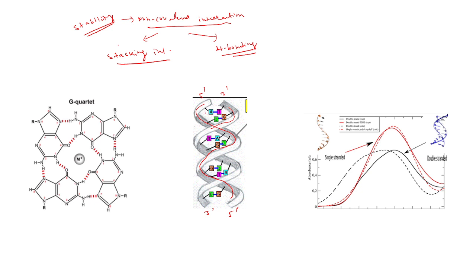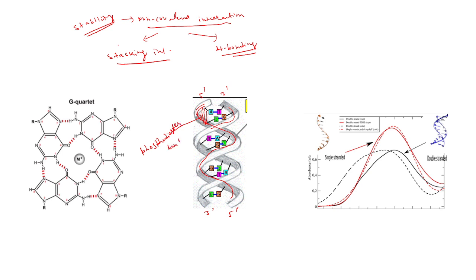Actually there are 3 types of bond. One is this bond, which in the polynucleotide structure is called the phosphodiester bond.